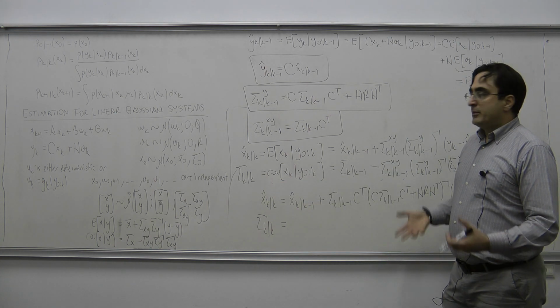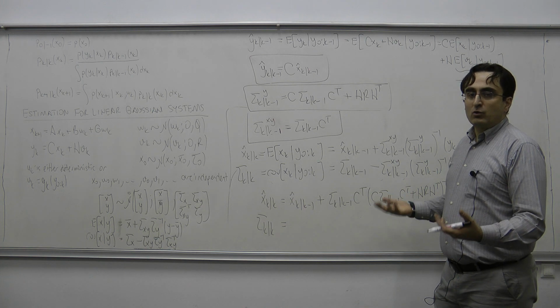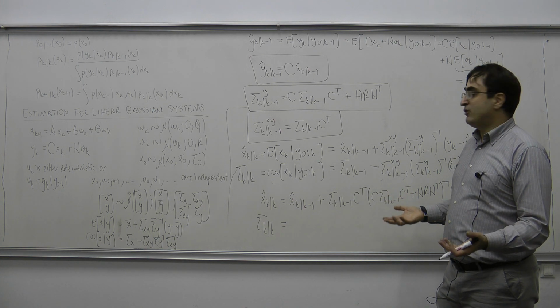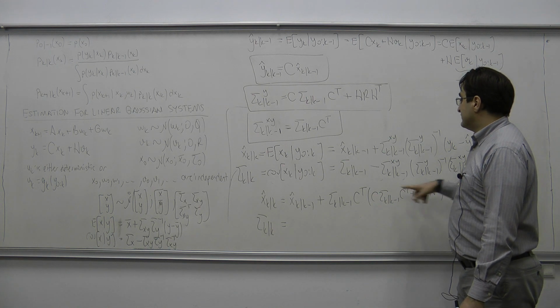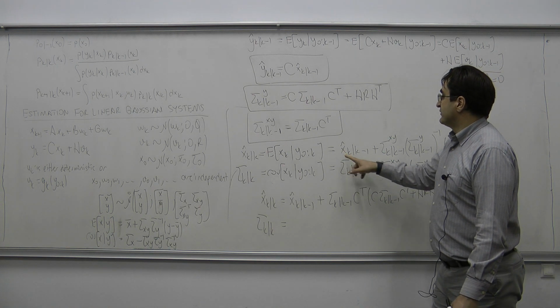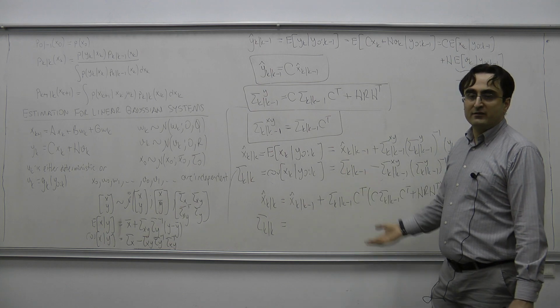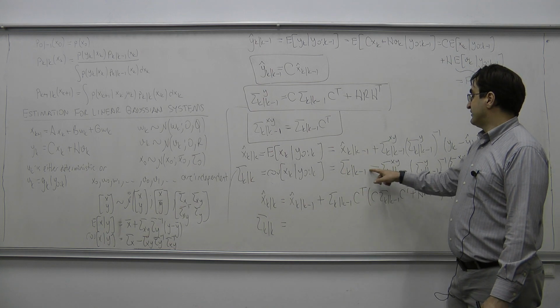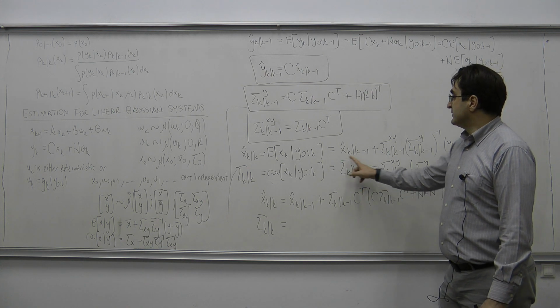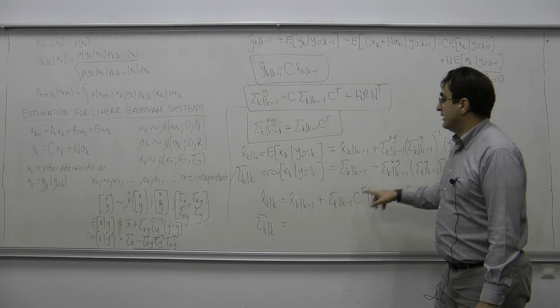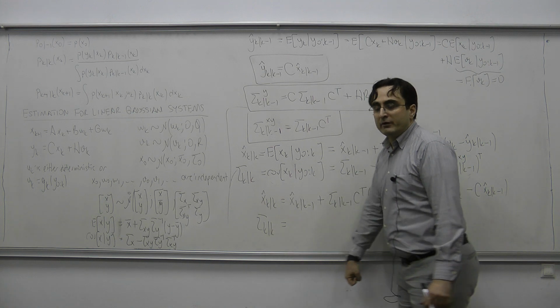Why is that? Because we are collecting a measurement, or information about the state, in the measurement. That means that the uncertainty of the state should get smaller. Okay? And this subtraction just means that we are making the predicted covariance smaller in the filtered covariance.